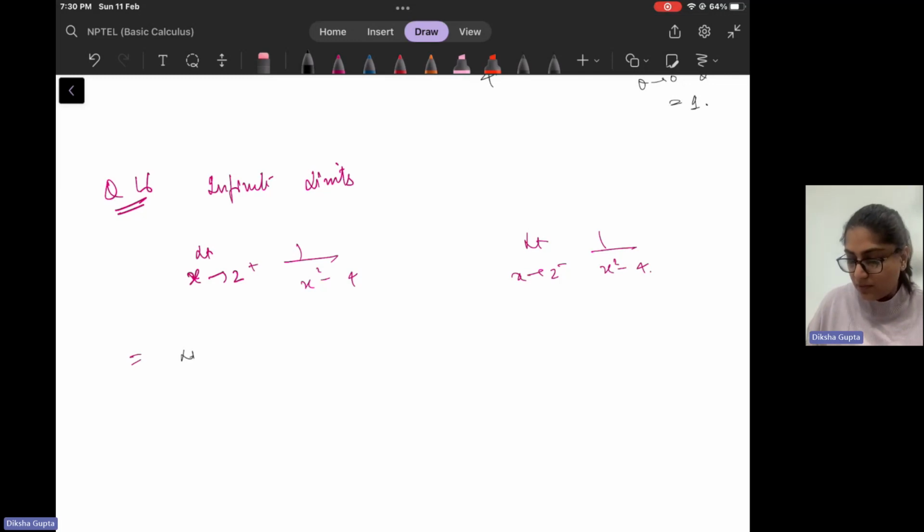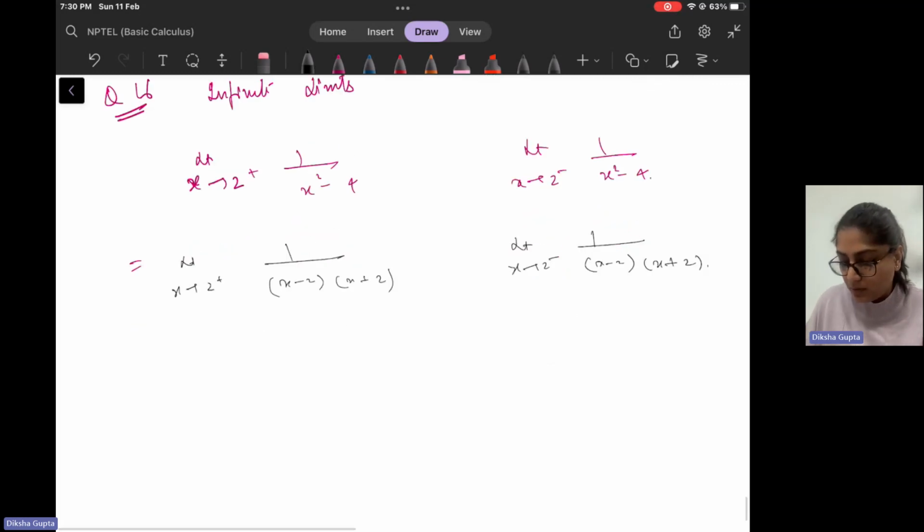There is a problem at 2 because this is becoming infinity. So we have to say whether it is minus infinity or plus infinity. Limit x tending to 2 plus 1 upon (x minus 2)(x plus 2), and limit x tending to 2 minus 1 upon (x minus 2)(x plus 2). When x is greater than 2, this will be positive, so this will become infinity when you put 2, right?